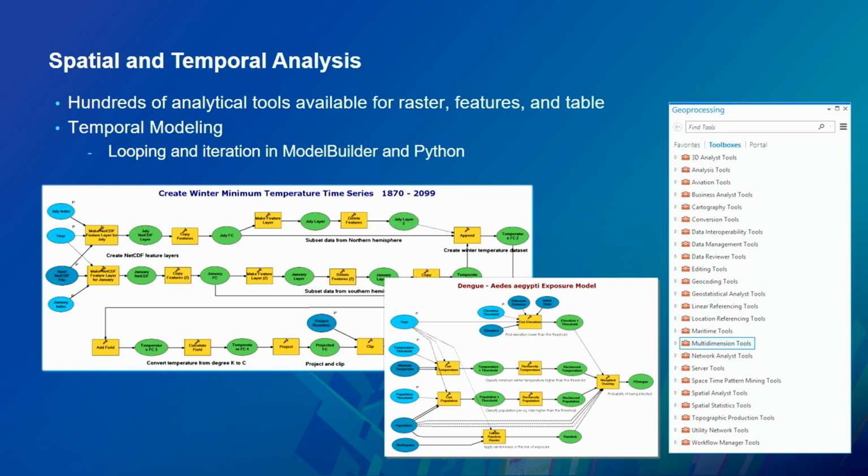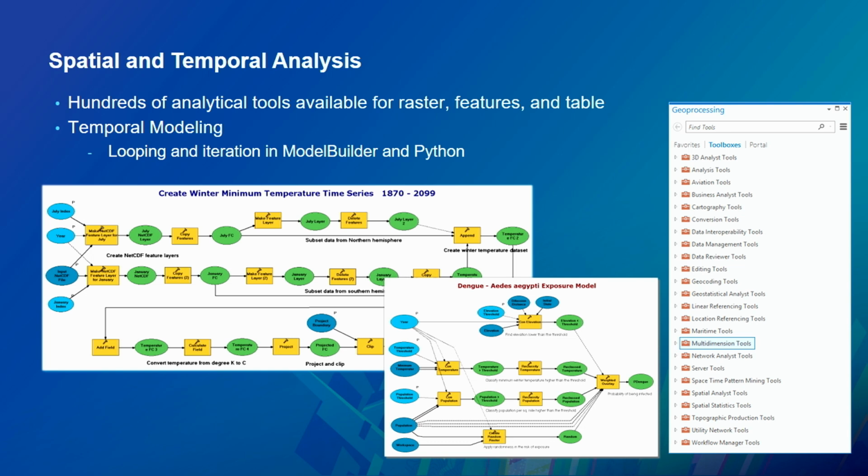So from the get-go, we are turning this into either a raster or a feature or a table. The moment we do that, then guess what? All the tools that are suitable for raster, feature, and table, you can use to do that. So that's how we're connecting the dots and opening up the possibility of doing all sorts of analysis with all the hundreds of analytical tools we have. So this is how we can actually do it.